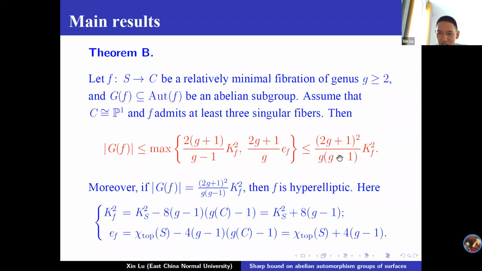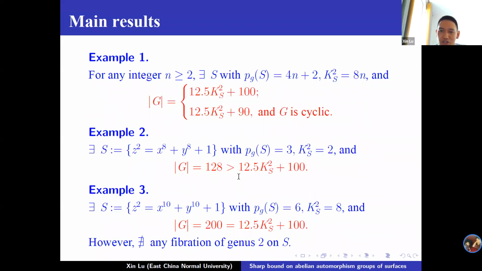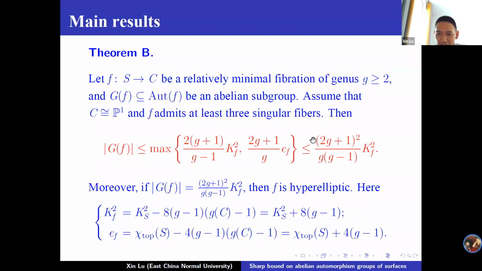So when G is equal to 2, it is just our result in the first theorem, that is the upper bound for the abelian automorphism group of S for a surface of general type. And here you can see that when G is sufficiently large, this number is almost equal to 4, so it's smaller than 12.5 times K^2.